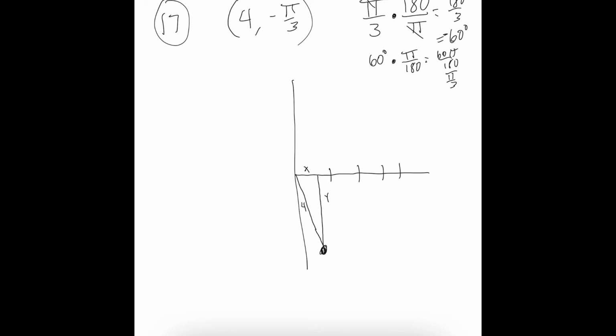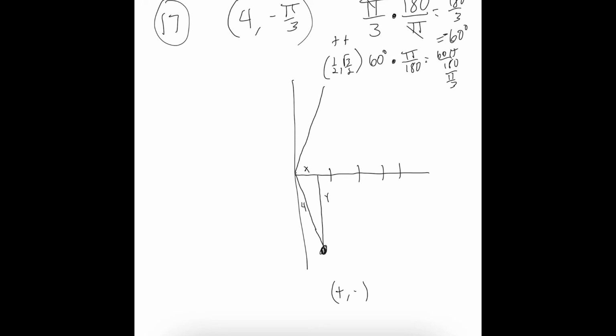Okay, well, pi over 3 is 60 degrees. Pi over 3 on the unit circle. The coordinates at pi over 3, if we're in the positive pi over 3, on the unit circle is 1/2, root 3 over 2. That's positive, positive, but if we're in the fourth quadrant, it's positive, negative. If the radius is 1, on the unit circle, my coordinate would be 1/2, root 3 over 2.